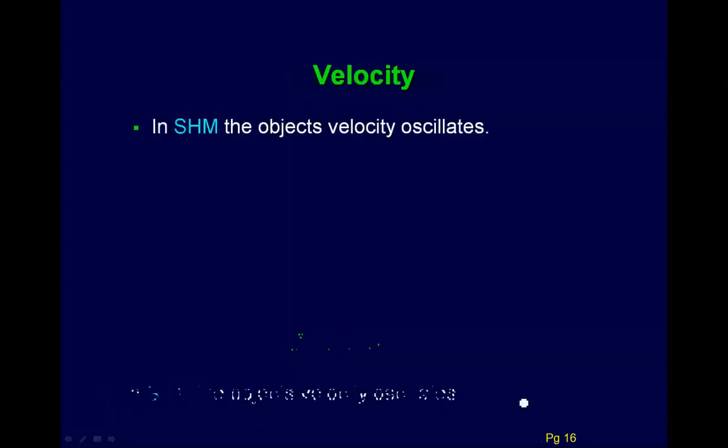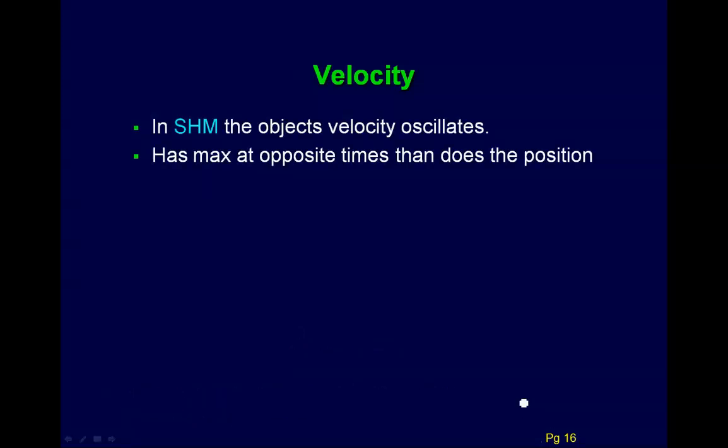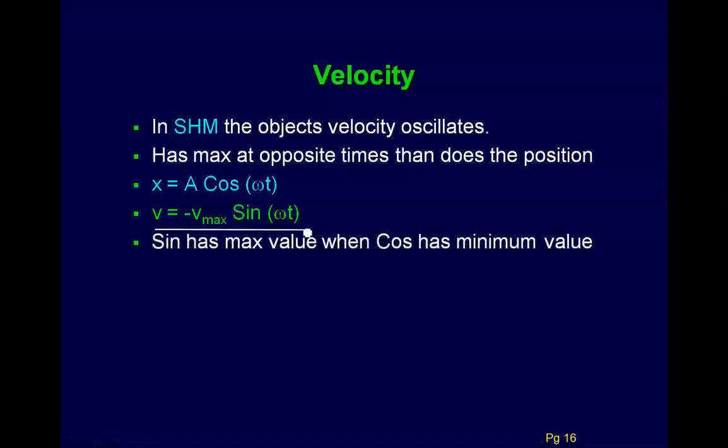Now velocity, in simple harmonic motion, the object's velocity will oscillate as well, and it has the maximum at the opposite times than the position does. And so if this is our position function that we picked, the function that will actually have the opposites would be the sine. Okay, the sine function will be hitting 0 when the cosine function is a maximum, and vice versa.